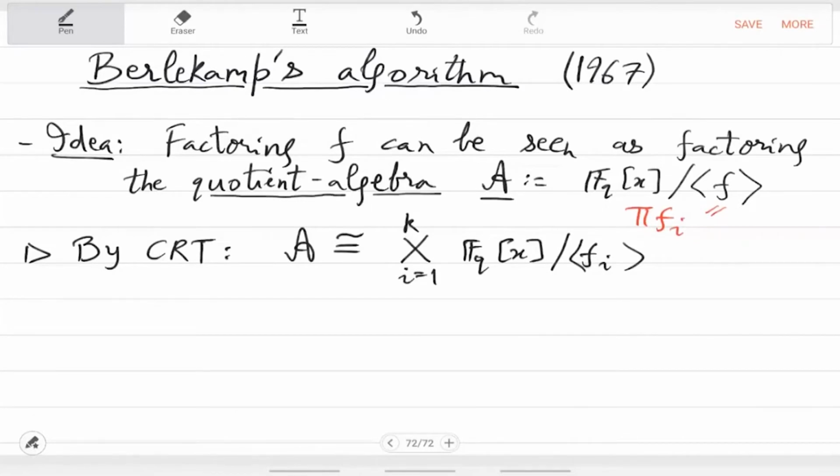And what can you say about this quotient algebra Fq[x] mod fi? Yeah, fi is irreducible, so this is a field. And what type of a field?